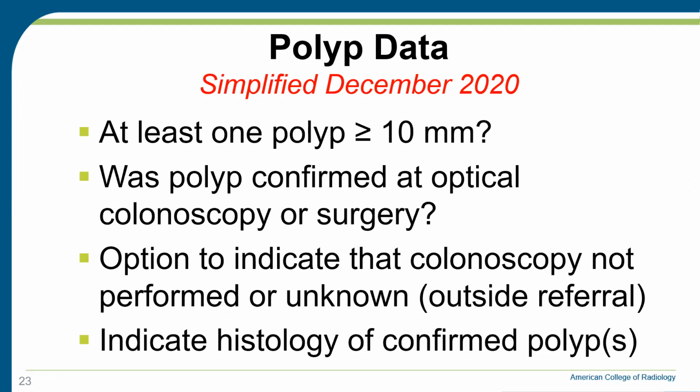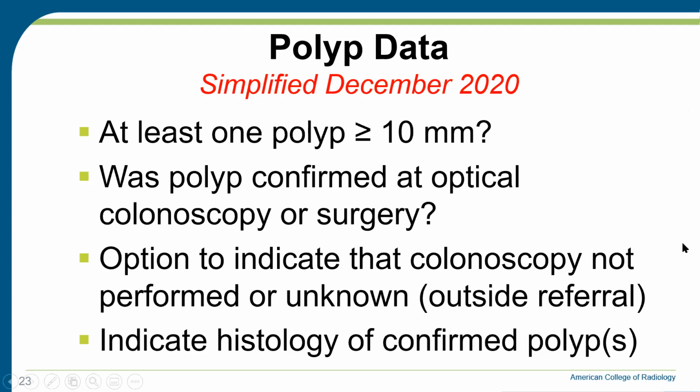Those of you who participated in the prior iteration of the registry may recall that there were separate forms where you could provide polyp level data on every single polyp that was seen. We received feedback from users that that was somewhat tedious and also not possible for all sites.